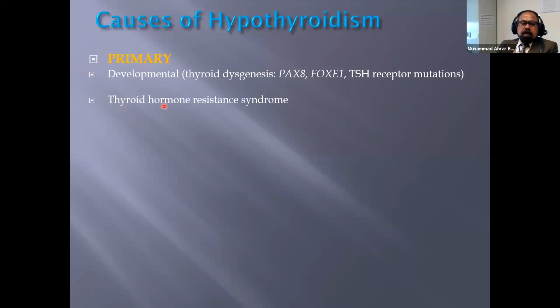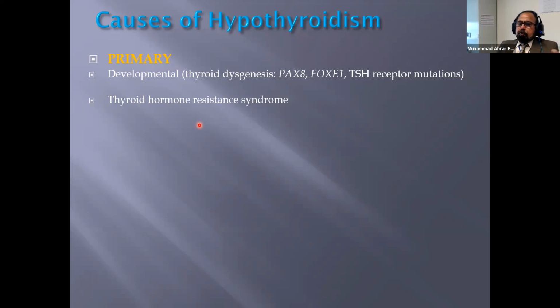The other one is thyroid hormone resistance syndrome, in which the thyroid gland is normal. They are actually forming a good amount of thyroxine. The thyroxine goes out from the thyroid gland and travels in the blood, but the target cell, which has a receptor, is not responding.